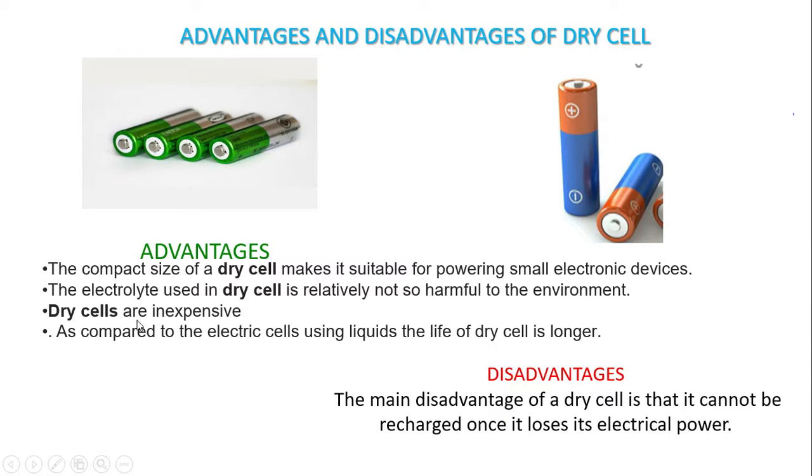Dry cells are very less expensive as compared to the electrical cells using liquids. The life of a dry cell is longer. The disadvantages: the main disadvantage of a dry cell is that it cannot be recharged once it loses its electrical power.